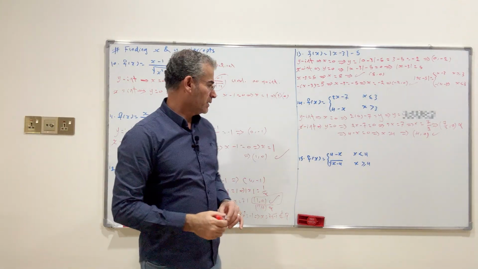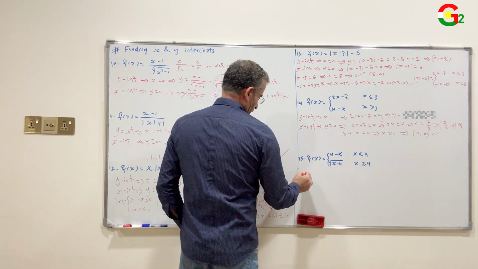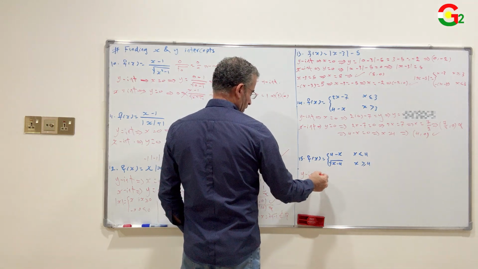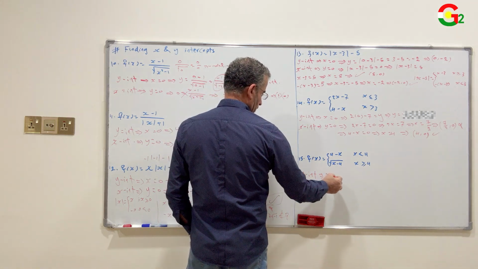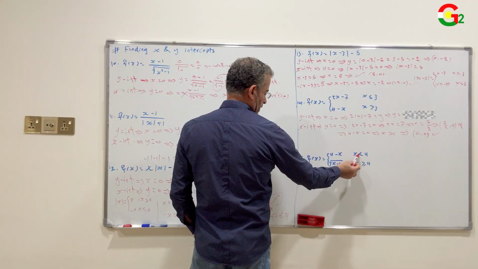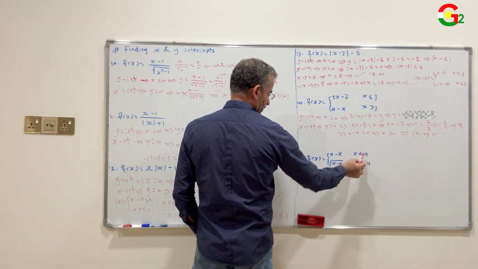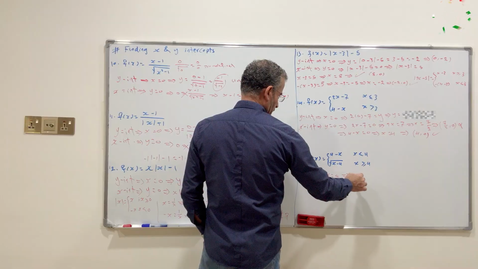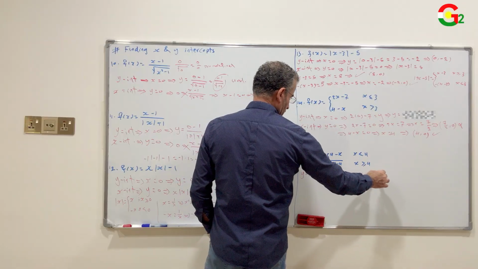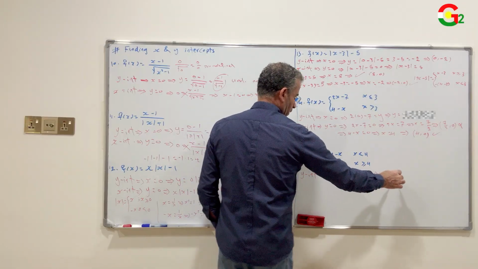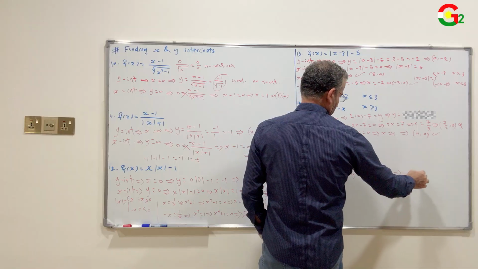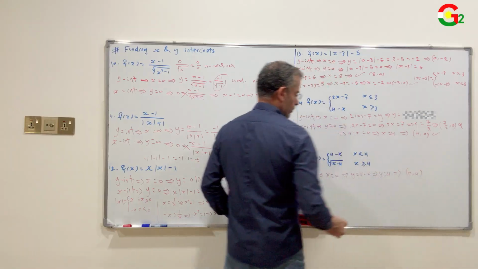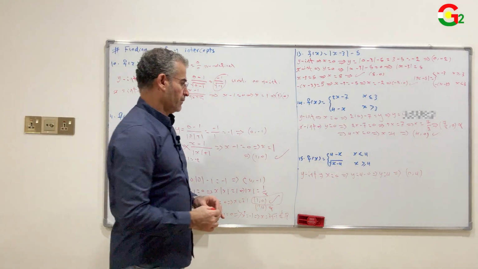Question number 15. For the y-intercept, we set x equals 0. 0 belongs to this interval; it is less than 4. Then I substitute here: y equals 4 minus 0, then y equals 4. (0, 4) is the y-intercept point for this function.